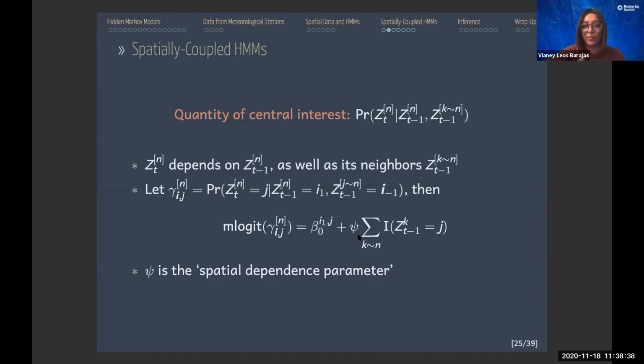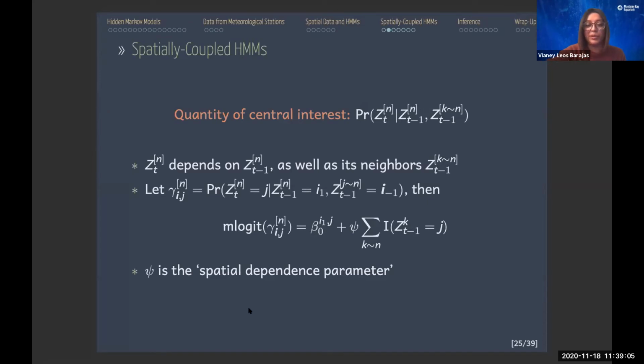Coupled hidden Markov models haven't really been adapted to spatial data, at least not that I've seen in the statistical literature. And so we are making some assumptions of how we can simplify this, make it as simple as possible, and include a spatial dependence parameter in the functions for the transition probability matrix entries.